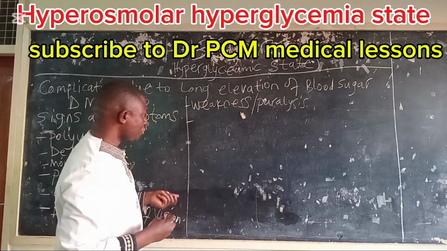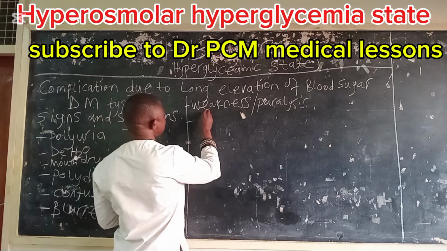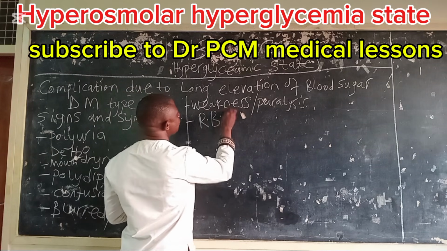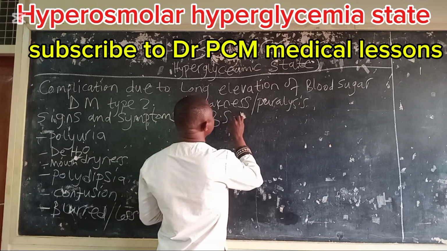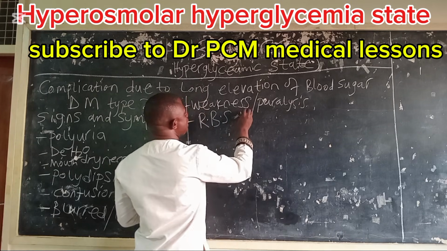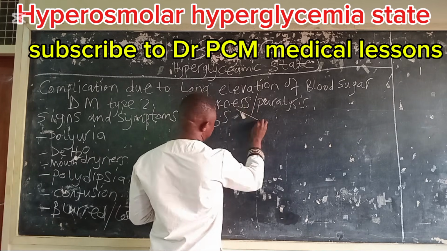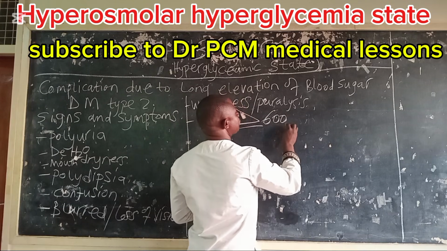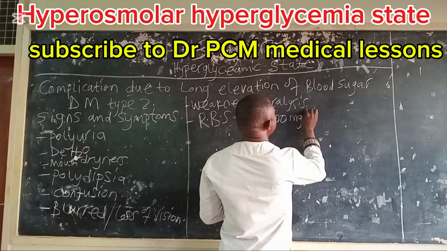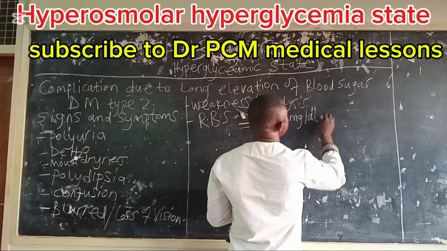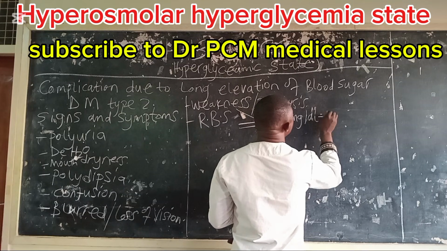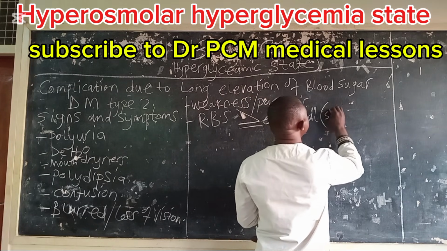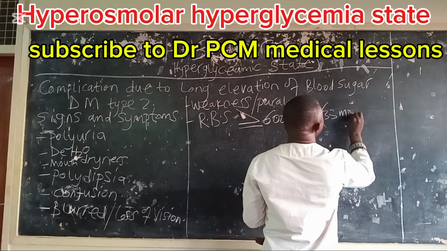Then, when you take the test, of course, the blood sugar will be greater than or equal to 600 milligrams per deciliter. This is equivalent to 33 millimoles per liter.